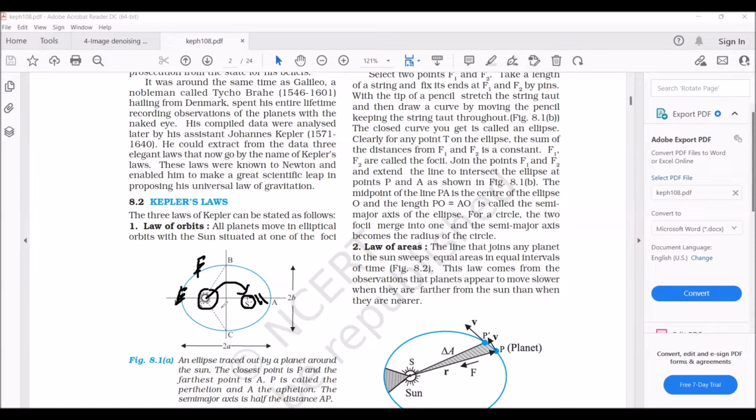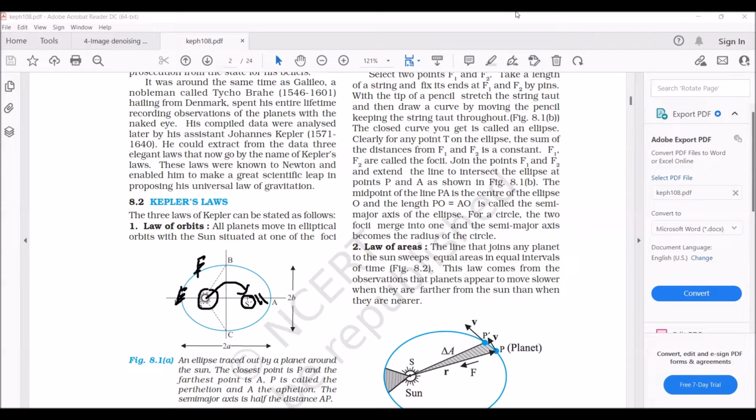So the Sun situated at one focus is causing one season, and the position of the Sun in the other focus is causing the other season. So the changing of the position of the Sun in the two foci is causing the difference in the seasons.